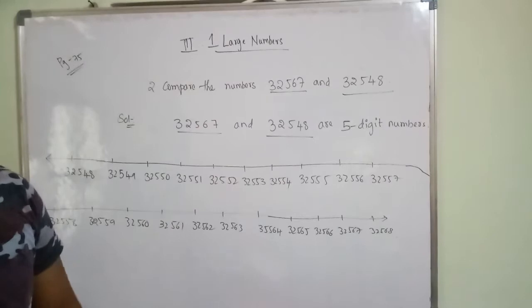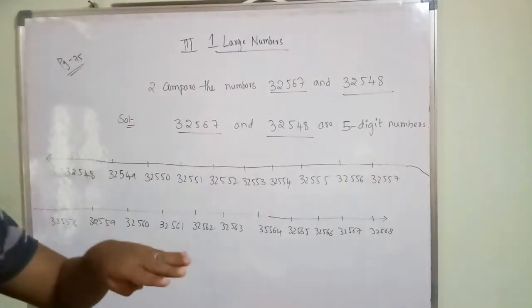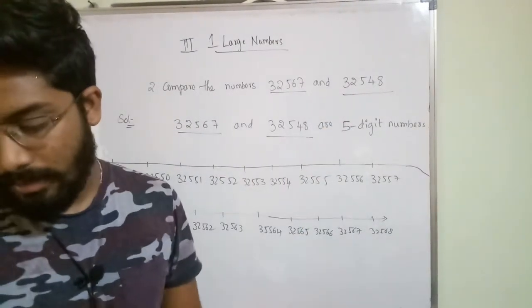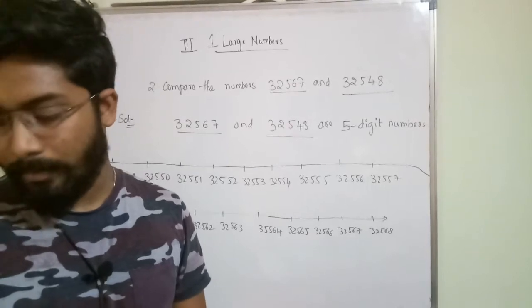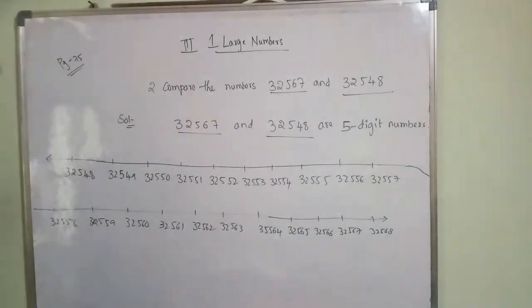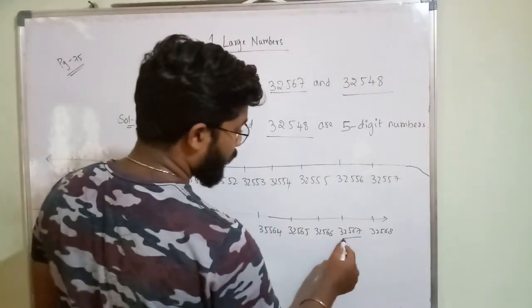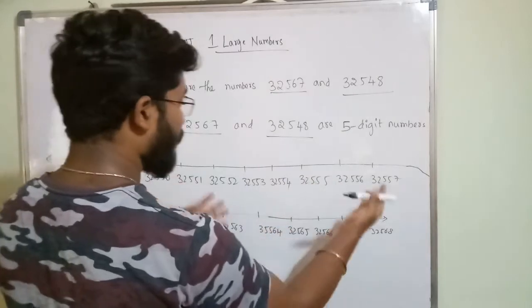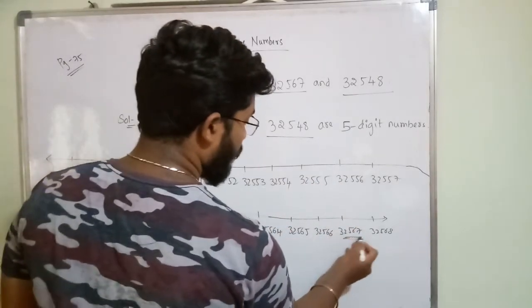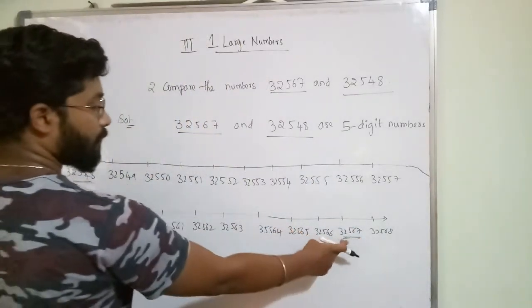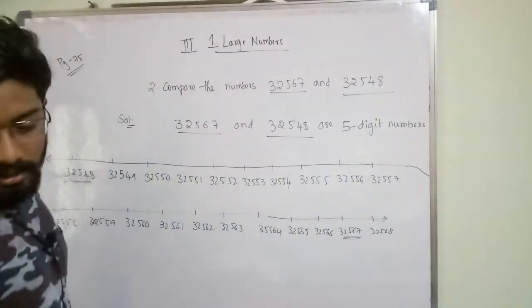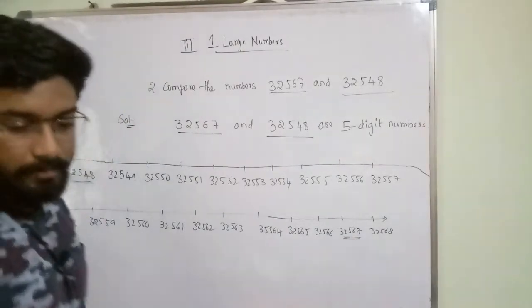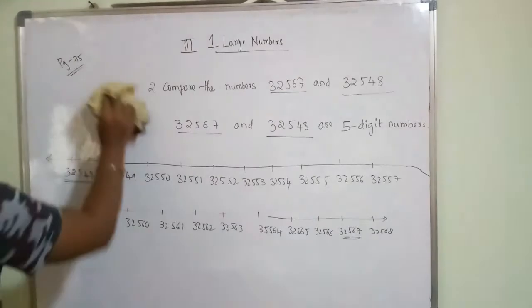Later means which will come afterwards. The number that comes later in the number line is the greater number. This one comes at the starting, but this one comes in the later part, after so many numbers. Among these two numbers, which one is greater according to the statement? I will write the statement also.